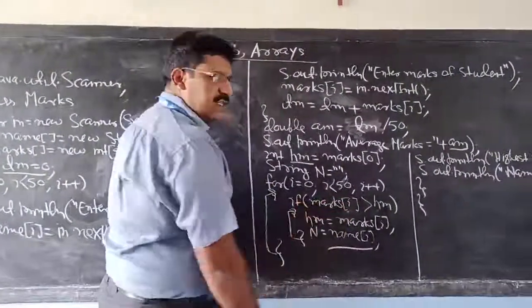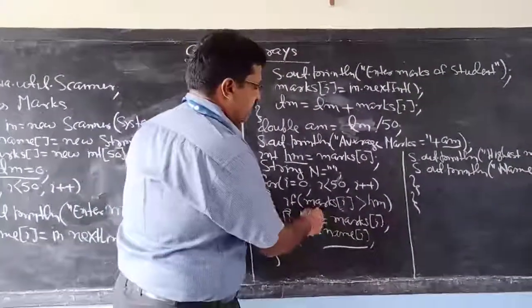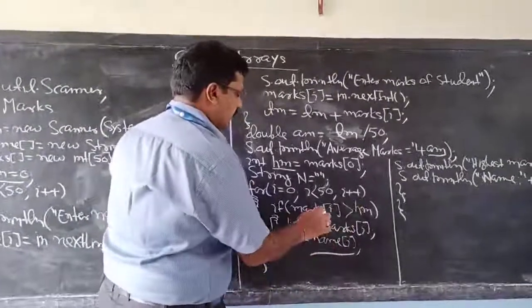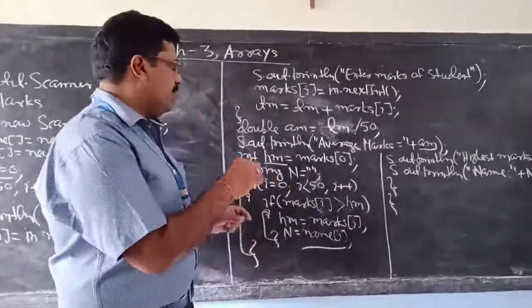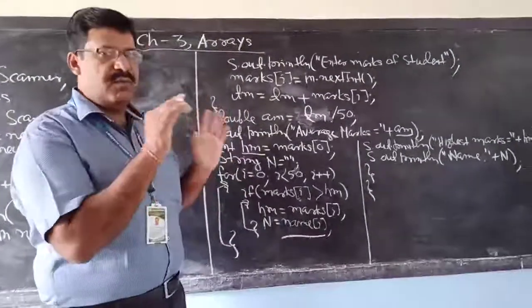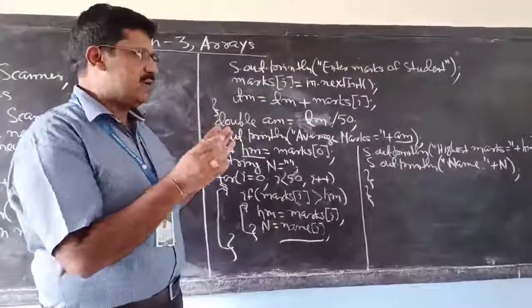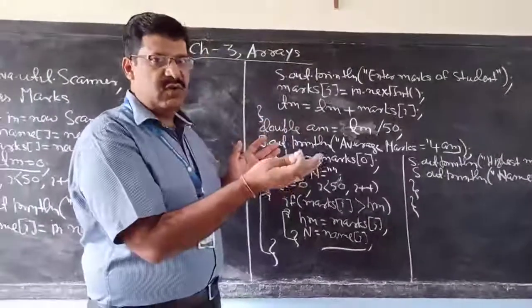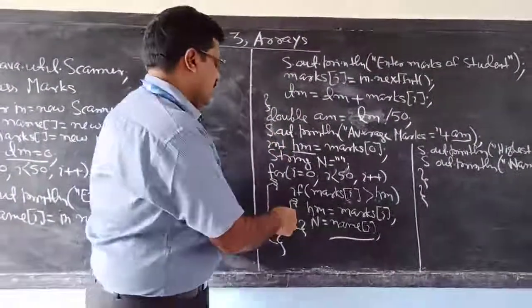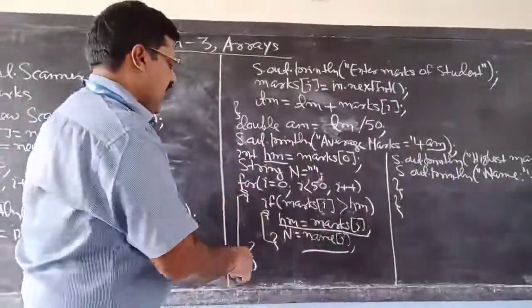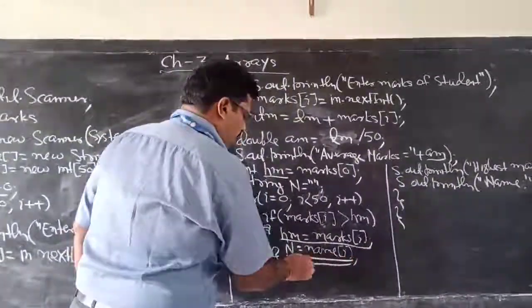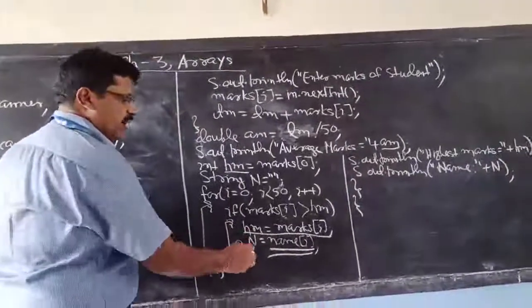Again the second marks is picked up and compared with HM, whether the second marks is greater than the highest marks or not. So like this it will go on picking marks one by one. Whenever the next marks is higher than the previous one, HM equal to marks[i] will be replaced, and accordingly the name of that index will be stored in n.